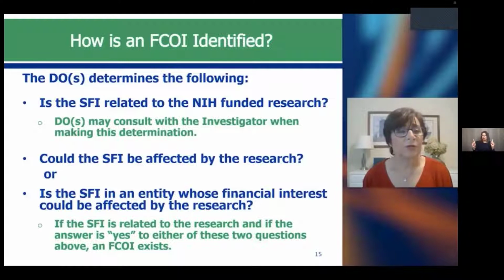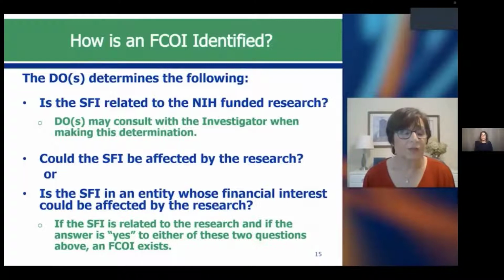And so the person who assumes that responsibility, whether it's one person, two people, or a committee, the first thing that they will do when they review a financial disclosure is ask, is the SFI related to the NIH-funded research? And if the DO or DOs are not able to make that determination, they can ask the investigator about the relatedness of the significant financial interest to the NIH-supported project or proposed project.